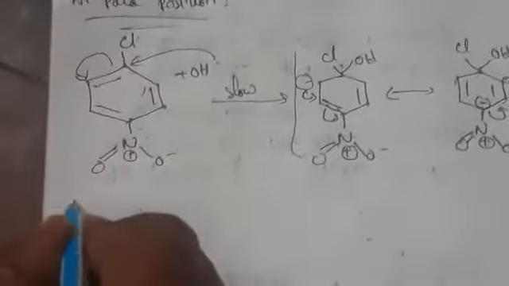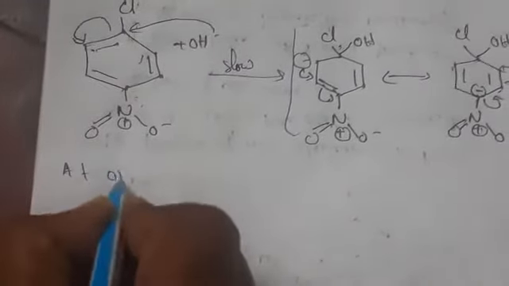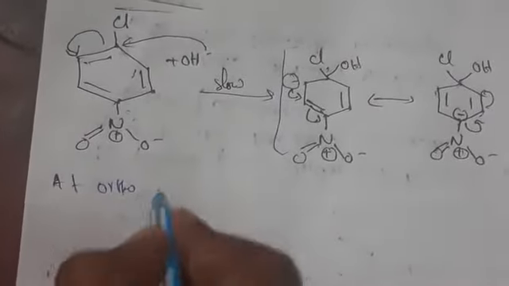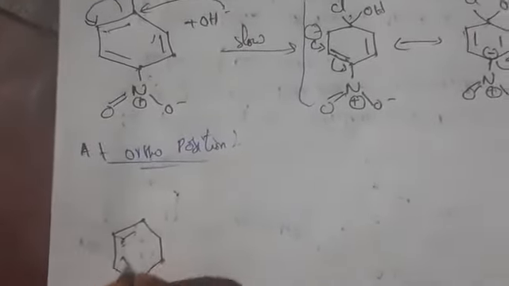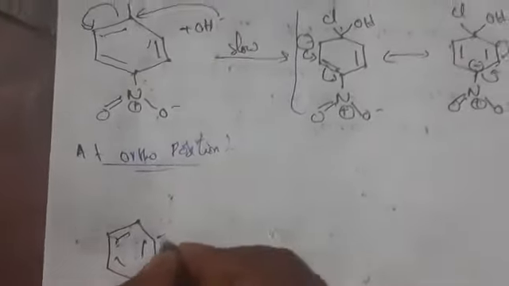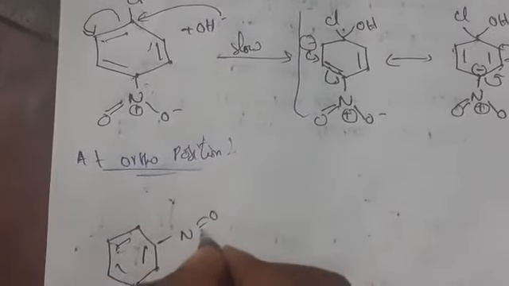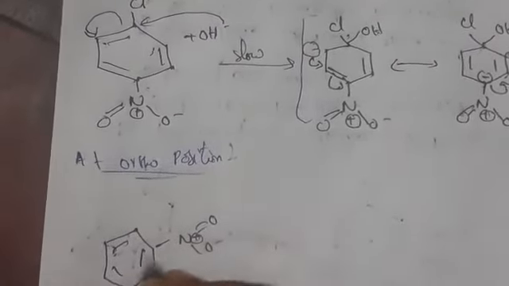So now, at ortho position. We have seen the para position. Now at ortho position what is going to happen, let us see. The same thing we are going to take here, N double bond O plus, O minus.